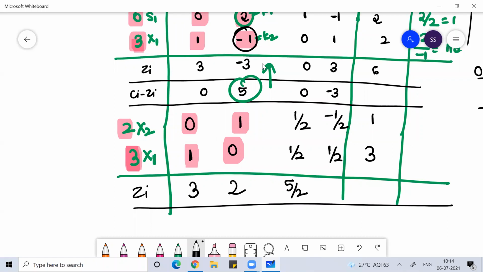Clear everyone? Anyone have any doubt? Once you get the zi value, you just need to find 3 by 2 minus 2 by 2, which gives 1 by 2. This is 9 plus 2, 11.